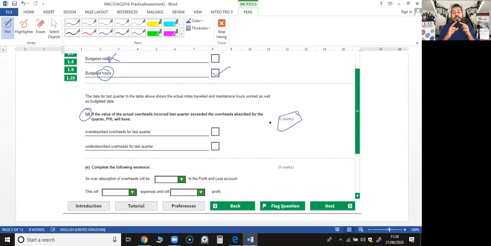Now, remember, over absorption means you're happy, smiling, ooh, good. Over absorption means it's a cost saving, means your actual cost is lower. Absorbed is over. Please do remember, absorbed is over. You're happy, you're dancing, you're smiling, happy face. Over, good. It's your profit.